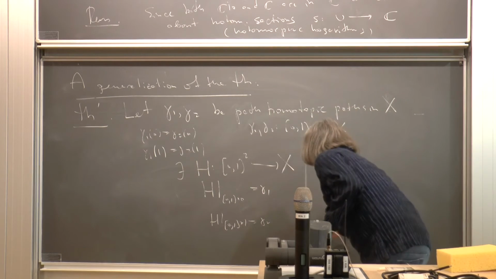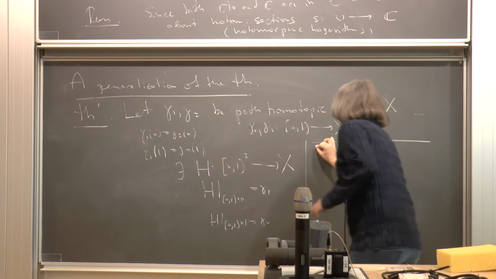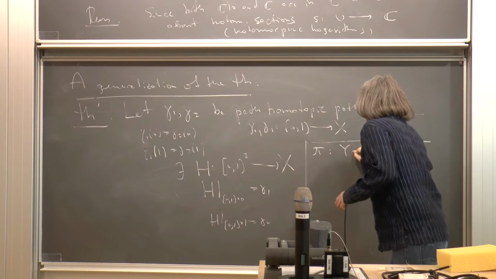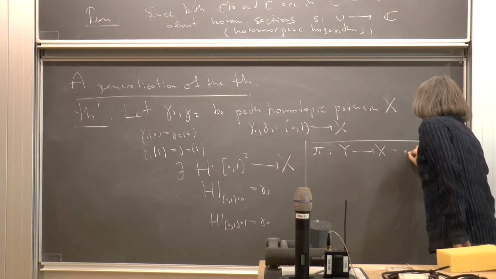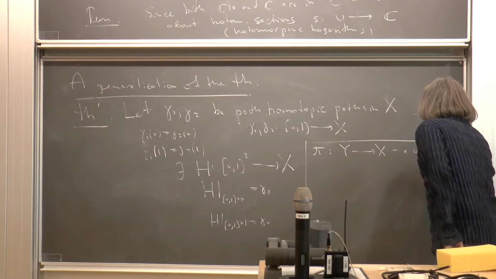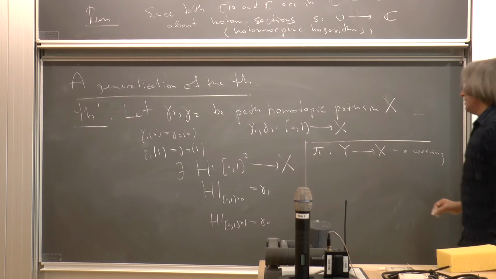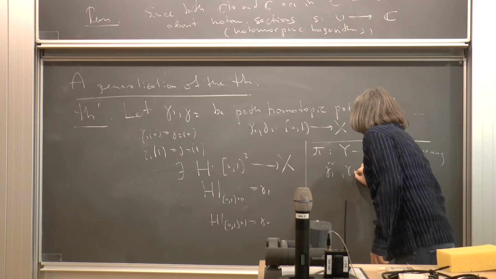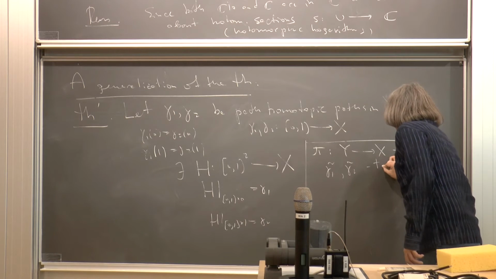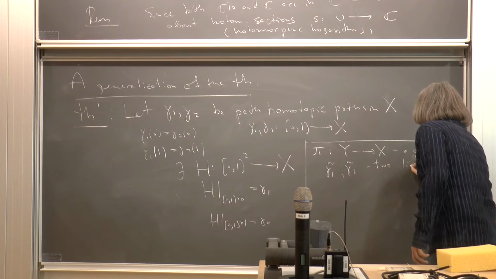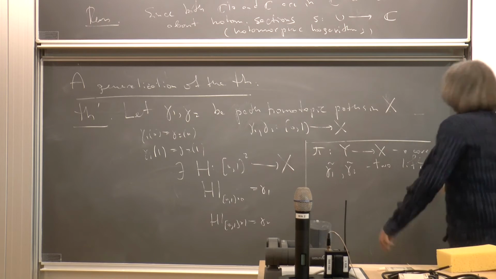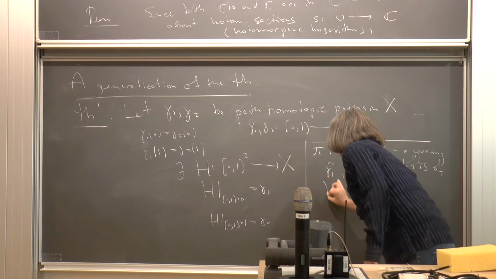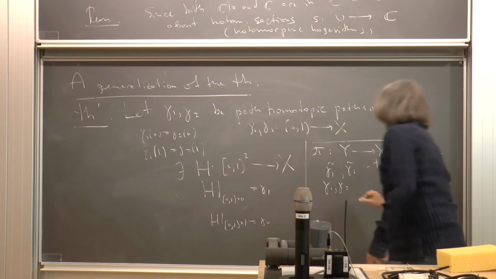And suppose that we have a covering Y to X, a covering. And by the previous theorem, we have two lifts, gamma 1 tilde and gamma 2 tilde, two lifts of gamma 1 and gamma 2.